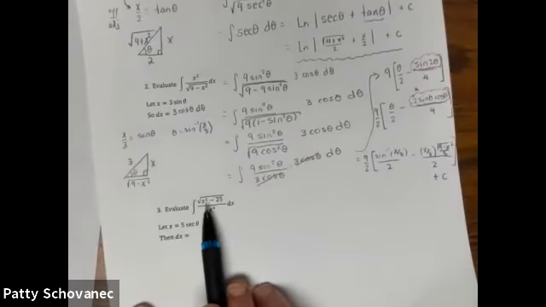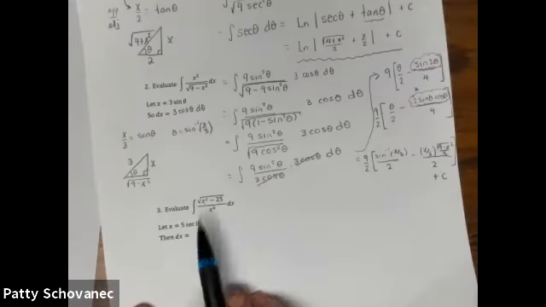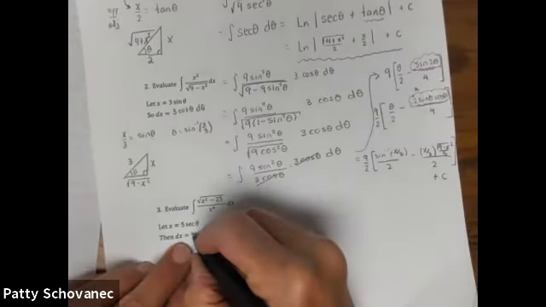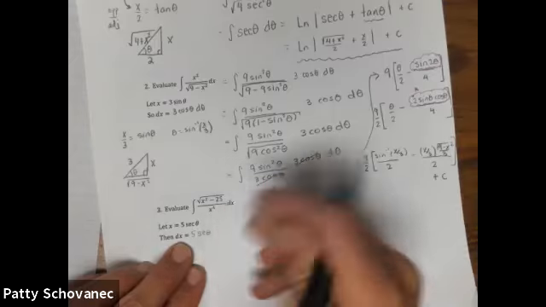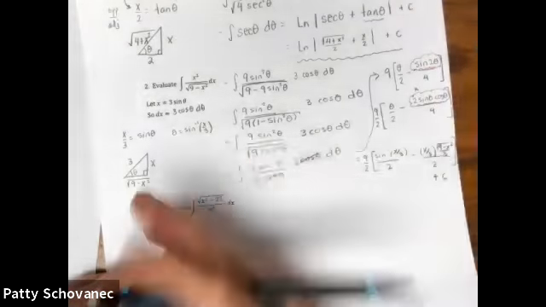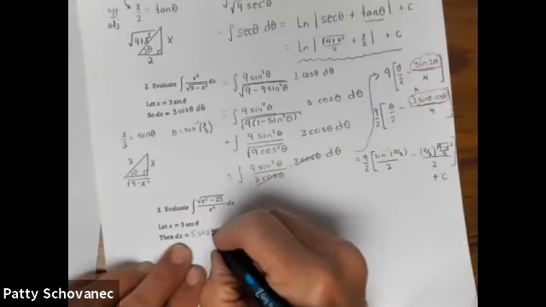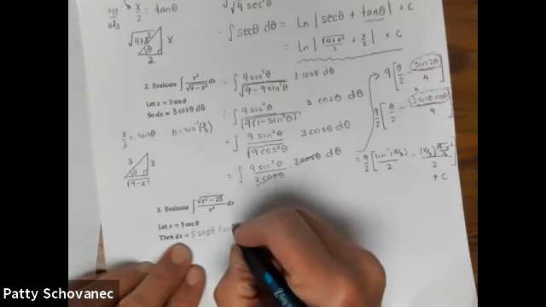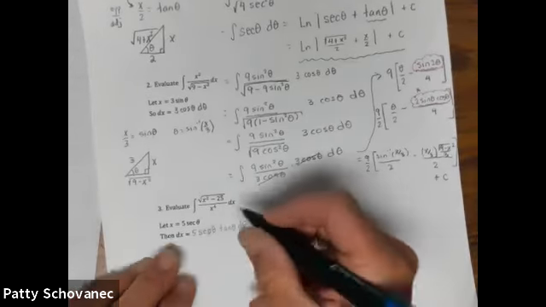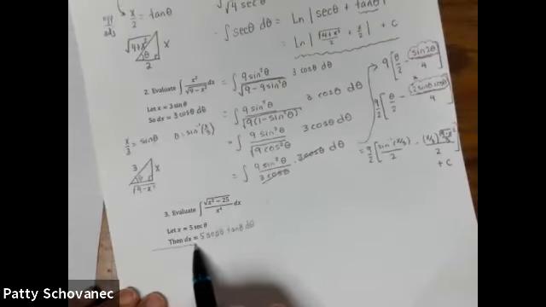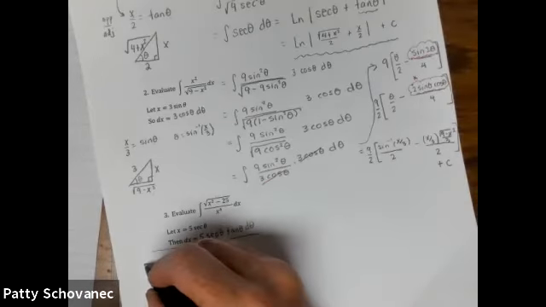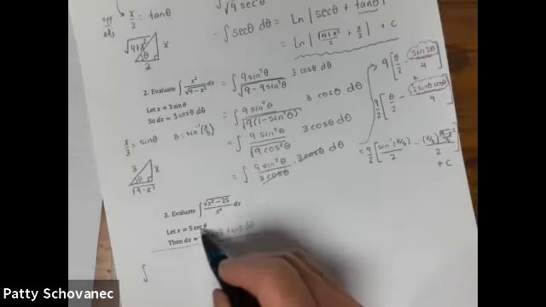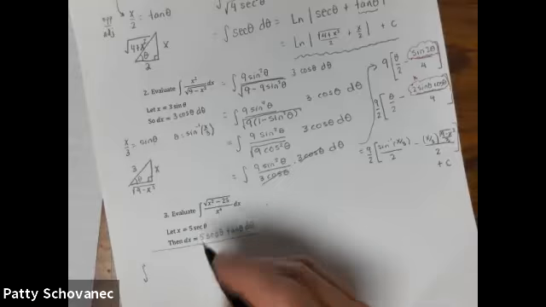Okay, so x is going to be 5 secant theta so that when you square it, you get the 25 right here. Then I need the dx, so I take the derivative of that. The derivative of a secant is secant theta times tangent theta times d theta. Okay, I'm going to come down here this time. I think this problem takes a little bit more room. So we're going to substitute in here. X squared will be 25 secant squared.